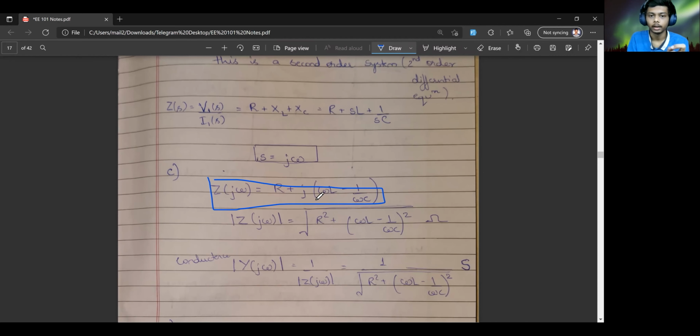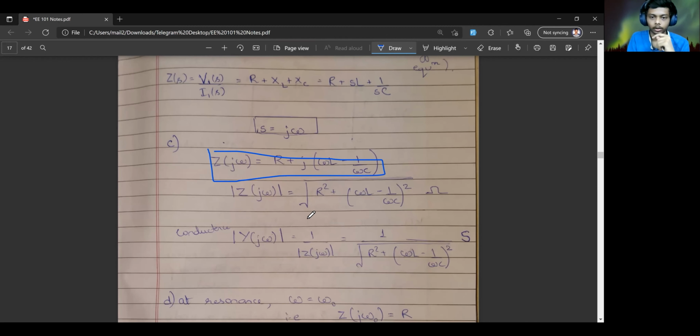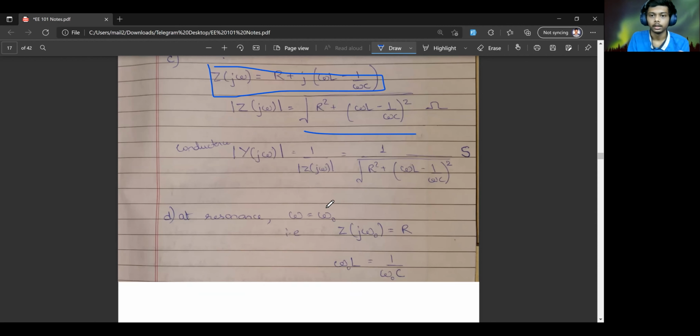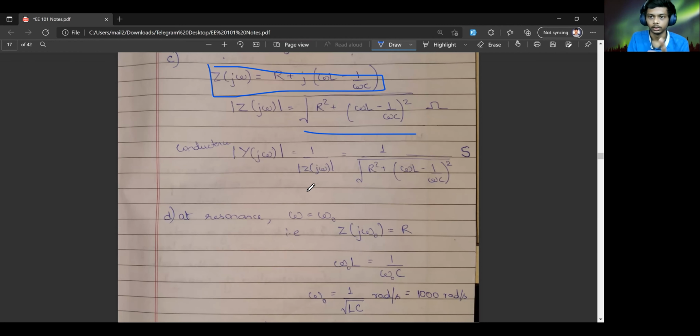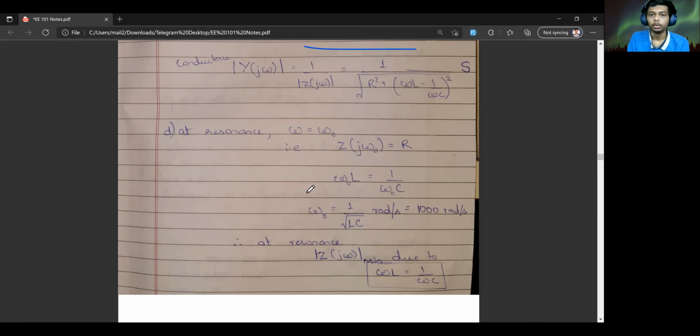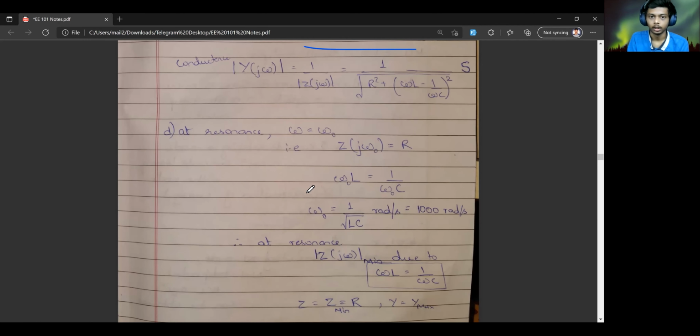The impedance of the circuit can be given as R plus j times (omega L minus 1 by omega C). Then you calculate the magnitude of the impedance, that is the resistance of the circuit, and the conductance is nothing but the inverse of the resistance. Now I told you how it fixes a certain frequency, right? So let us see what happens at a selected frequency omega.